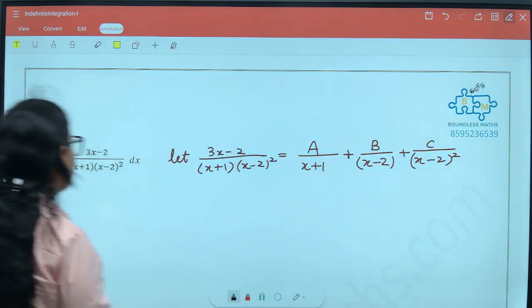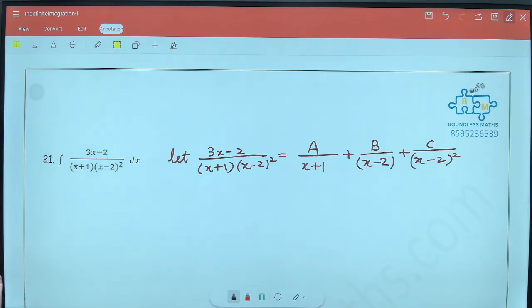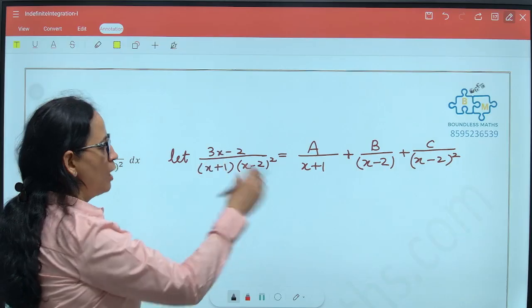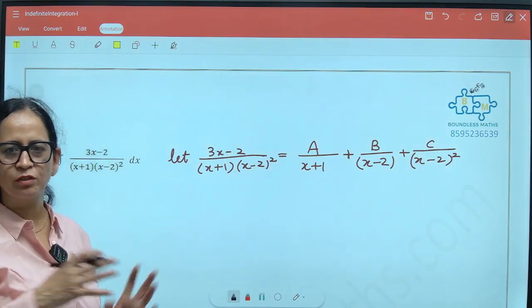So when you have a linear factor in the denominator with a power, you have to use this breakup for the partial fraction. So just go through the handout for how to break up any function into partial fractions.